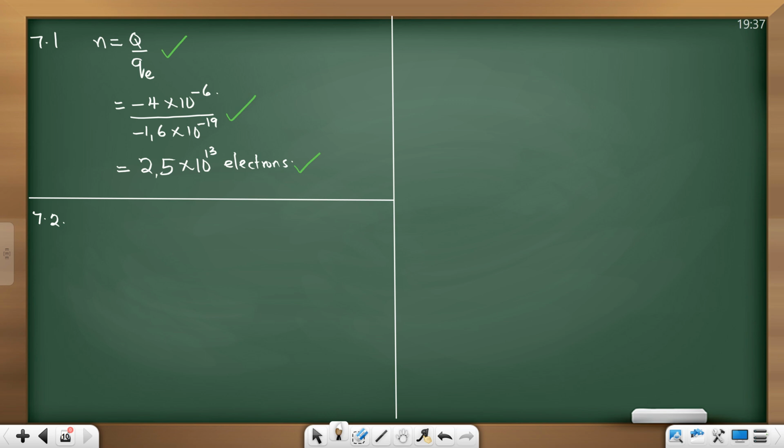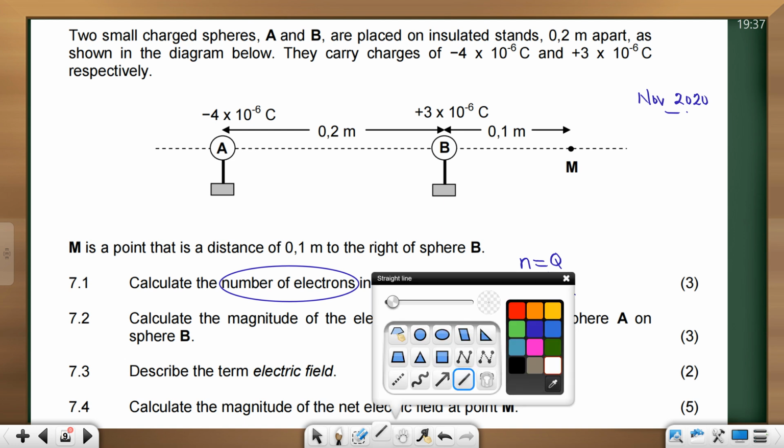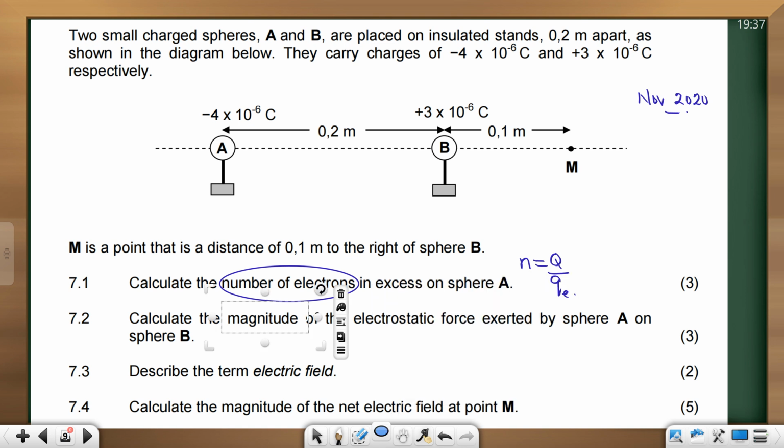Now we go for number 2. Everybody okay here? Calculate the magnitude. You see, the magnitude of the electrostatic force. That's very important.